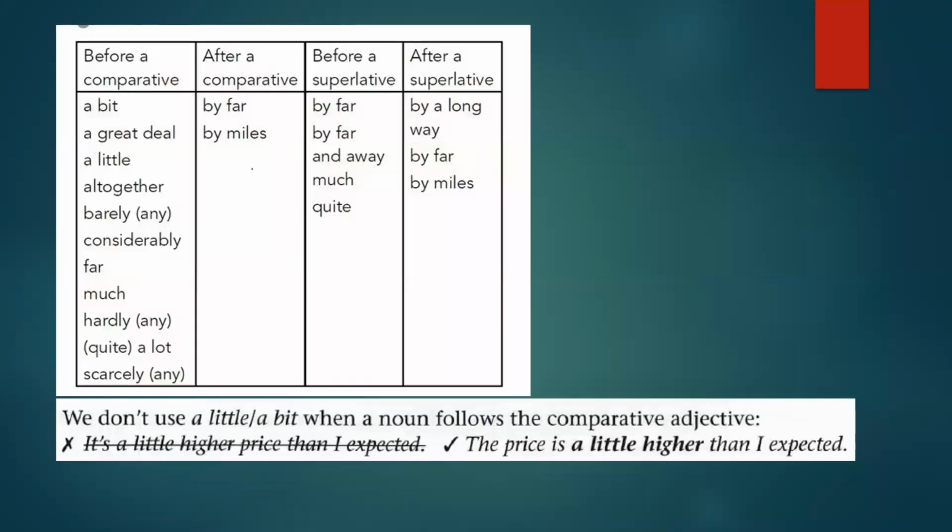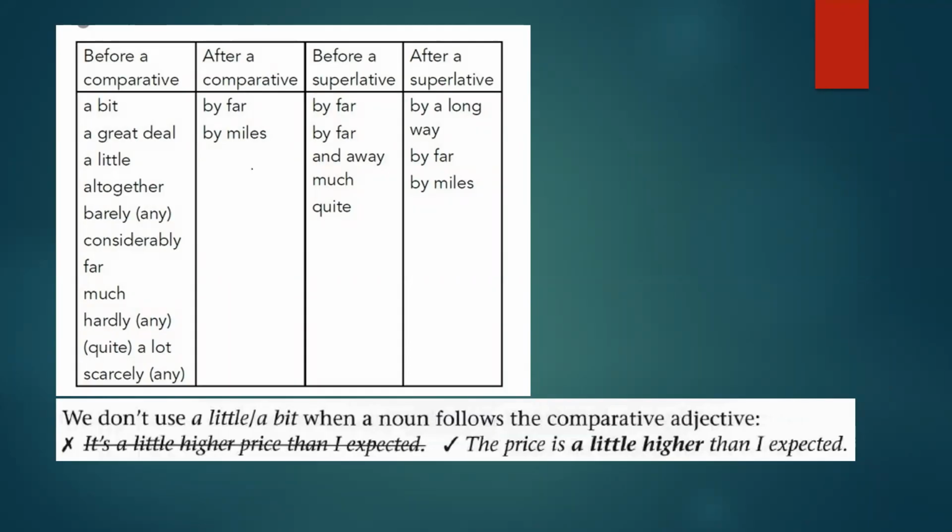One more moment, which we can use with comparative forms of adjectives, but not only comparative, we can use them with superlative as well. These are the lists of different variants of words which we can use before the adjective.